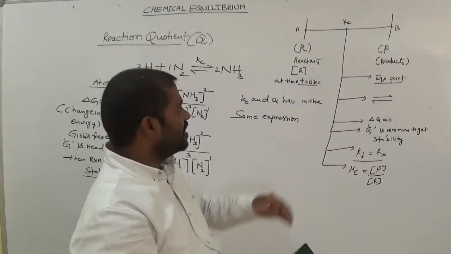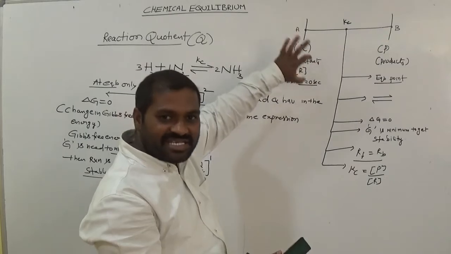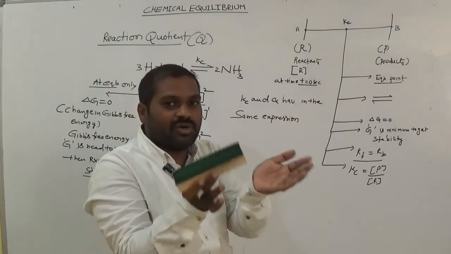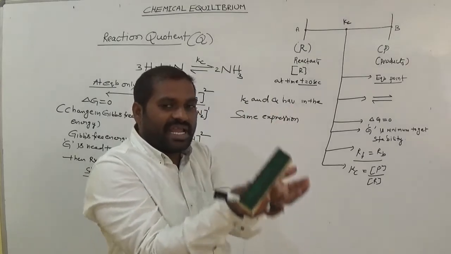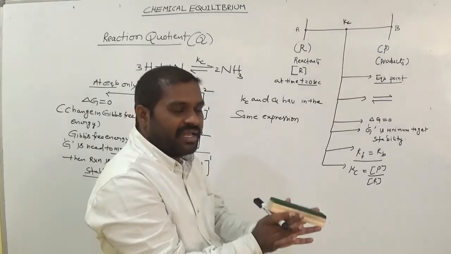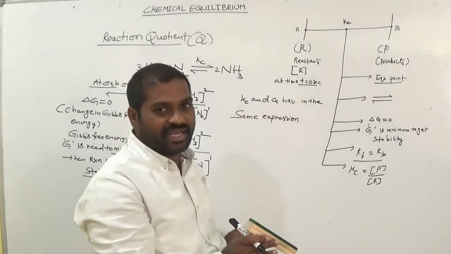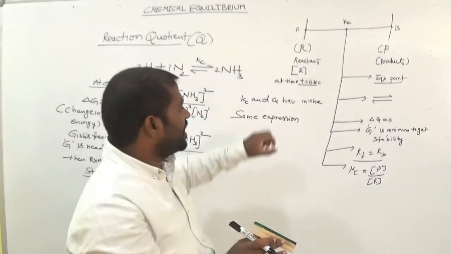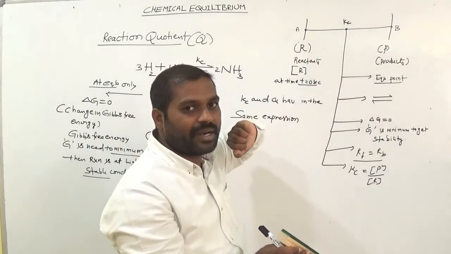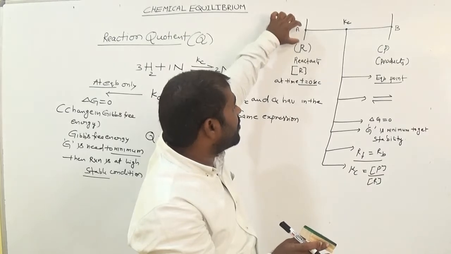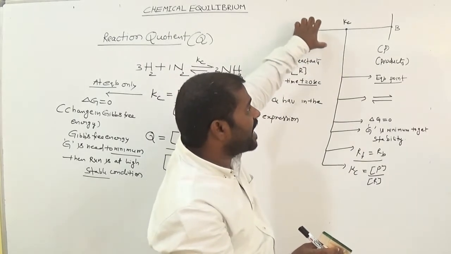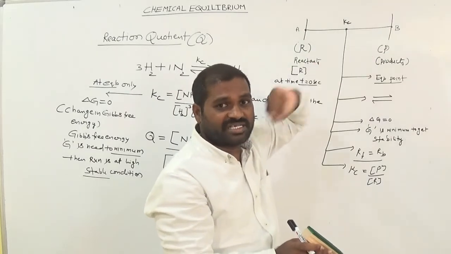Suppose at 0 seconds, that is initially, the concentration of reactants is very high. That means there is no reaction, we just have the reactants in a test tube. So initially the concentration of reactants is very high. When the time takes 1 second, 2 seconds, 3 seconds, then what happened? The concentration of reactants decreases gradually and it becomes product concentration, am I right?